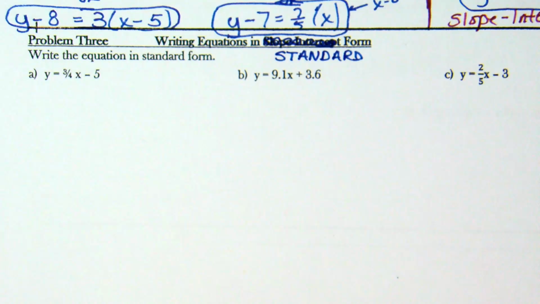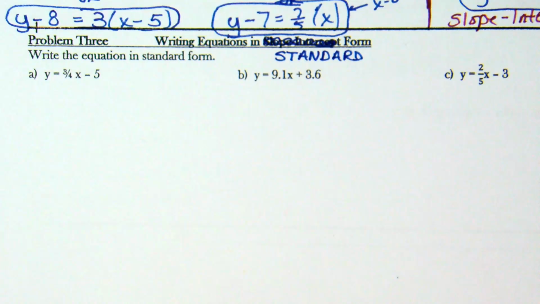Good. AX plus BY equals C. I don't know how you remember it, but there's your standard form, remember. So X's and Y's are on one side, constants on the other side, and the big restriction is that A, B, and C are integers, meaning we're not going to see any fractions or decimals here.